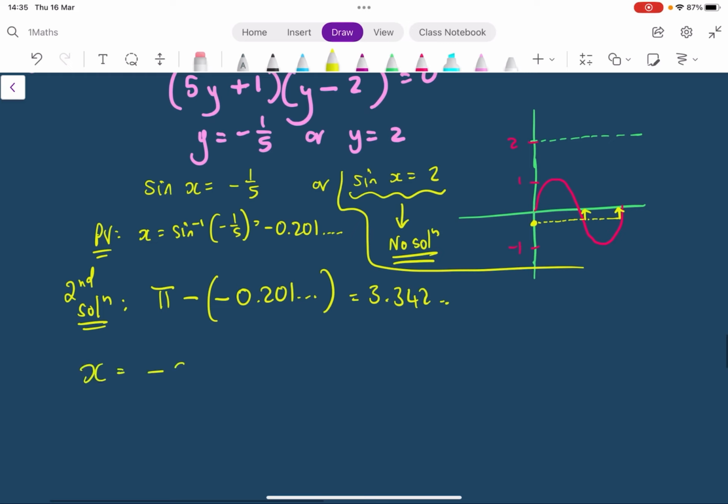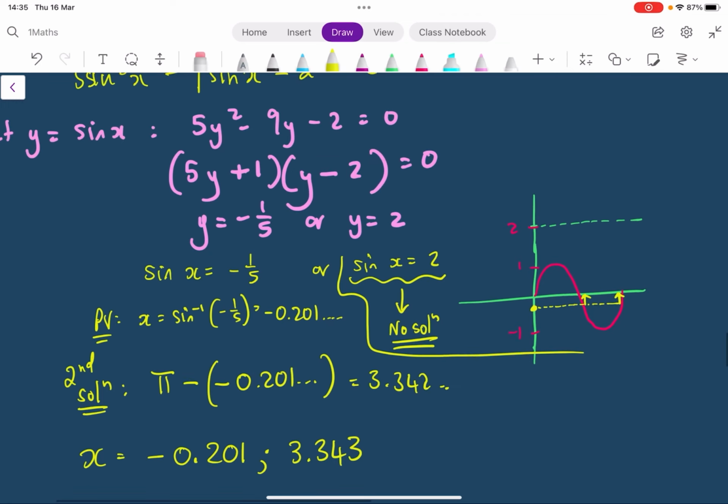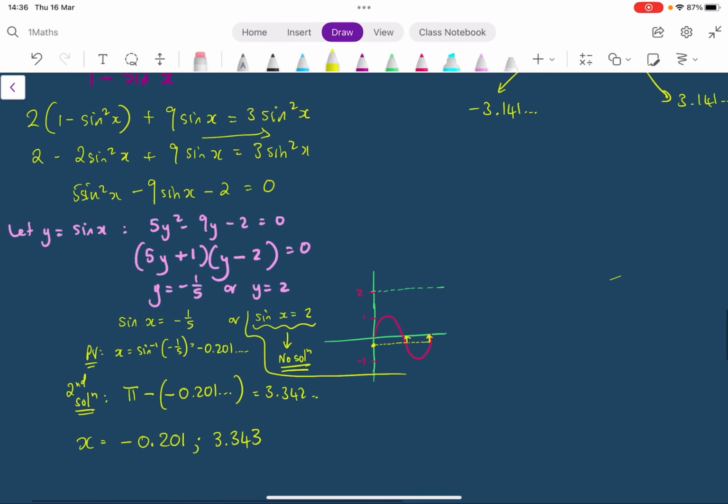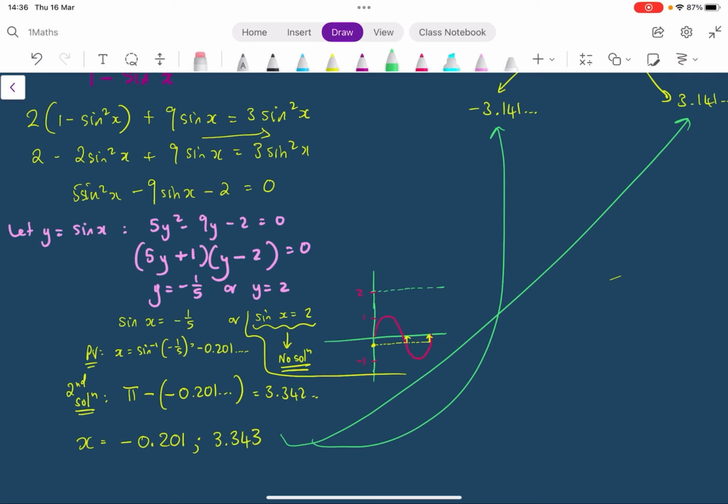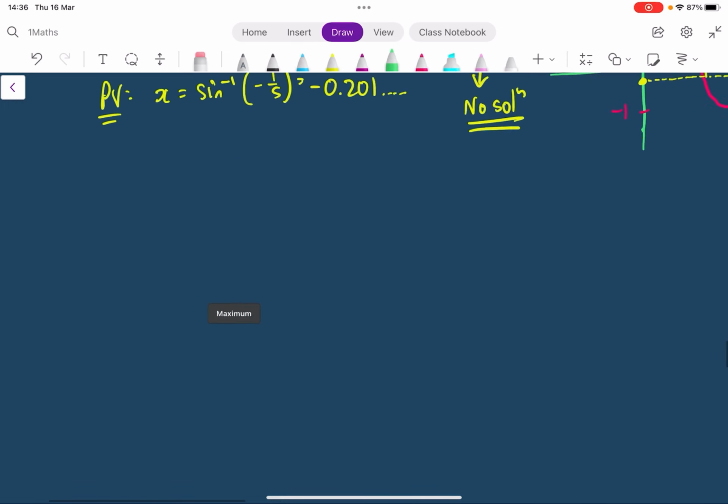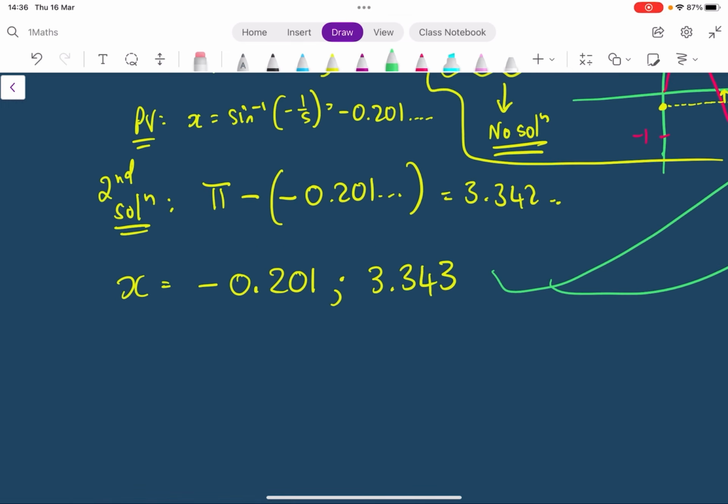I've got negative 0.201 and 3.343 when I round this. I notice when I compare it to the decimals, top one falls out, bottom one is all good. So if the top one falls out, you're jumping over the fence and the rope is pulling someone else up onto the fence. So this one falls out.